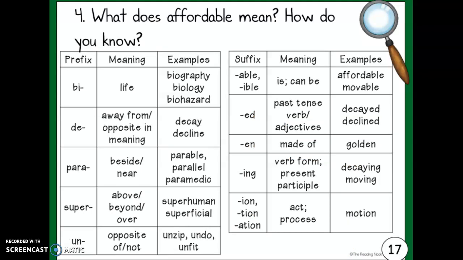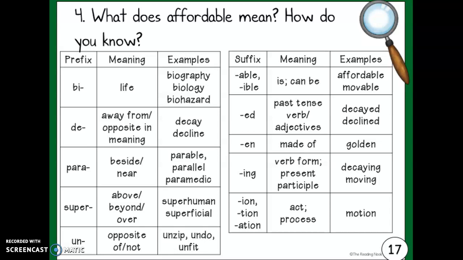On this one, we're going to try to figure out what does affordable mean and how do you know? So in this one, it's a little bit different. In this case, you're trying to look at the word affordable, and I'm going to look at the suffix at the end of the word affordable, which is the suffix able. So I'm going to see if I can find that suffix on my list, and I'm going to look and see what the meaning of that is.